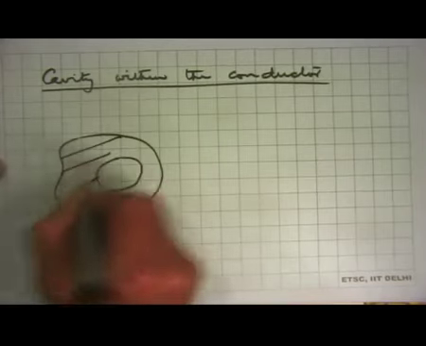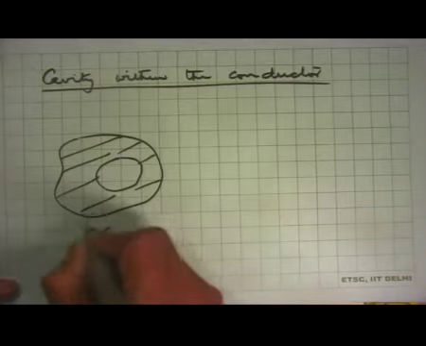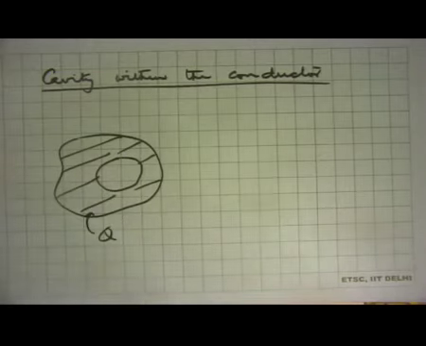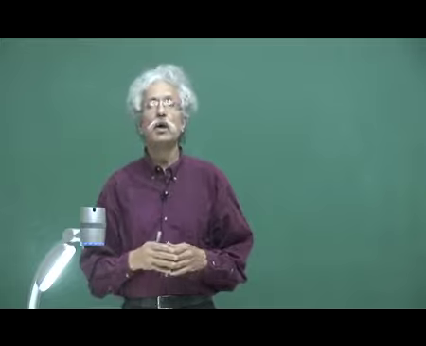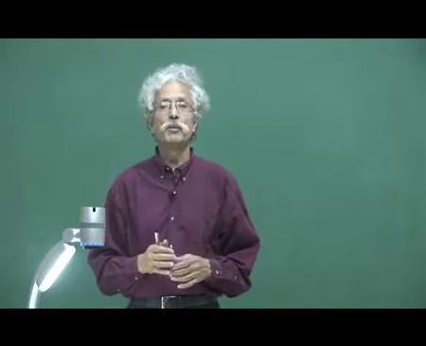This is the conductor here and this is the cavity, and now I put a charge q on the conductor. So, the question is, where are these charges now sitting? Are they sitting on the outer surface only, or on the inner surface of the conductor, or on both the inner surface and the outer surface of the conductor? So, that is the problem we would like to see.